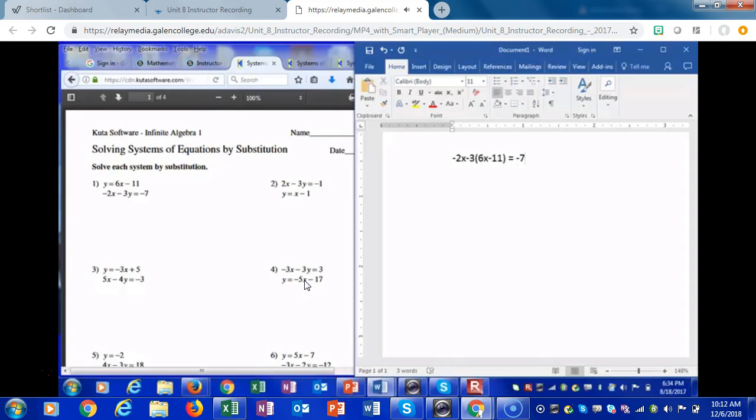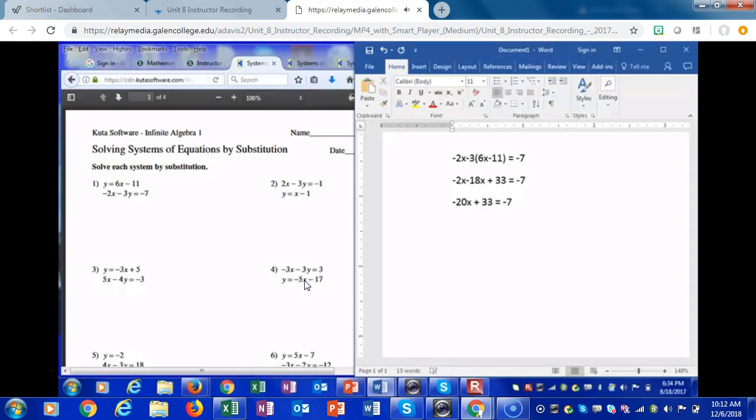Pardon, my computer's acting a little slow today. All right, so if we combine it all together, we now have negative 2x. Negative 3 times 6x is negative 18x. Negative 3 times negative 11 is plus 33. That equals negative 7. Then if you combine like terms, you get negative 20x plus 33 equals negative 7.